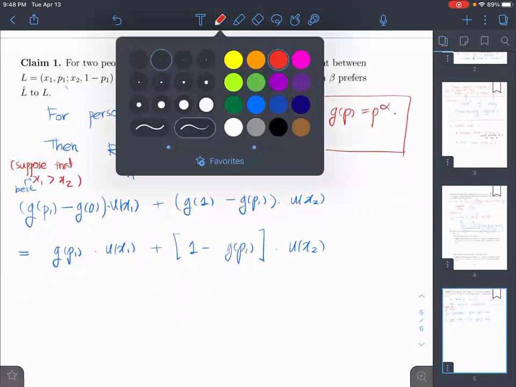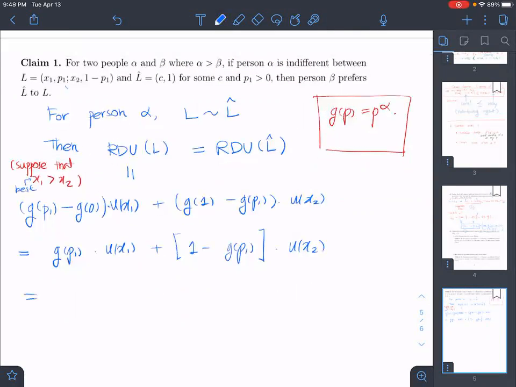It is P1 to the alpha times U(x1) plus, and then U of x1 is x1. So I have x1 plus 1 minus P1 to the alpha times x2.